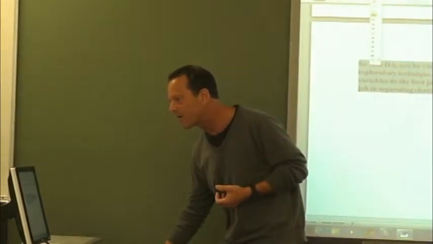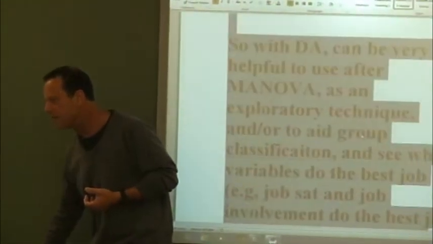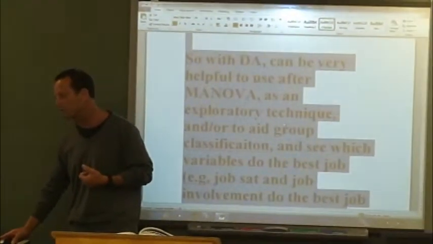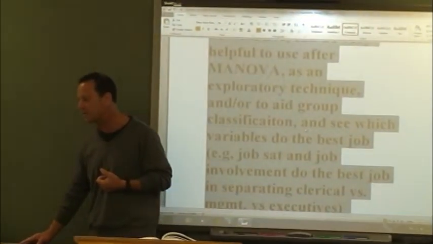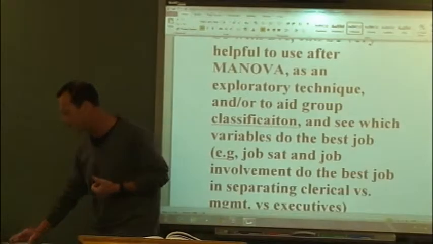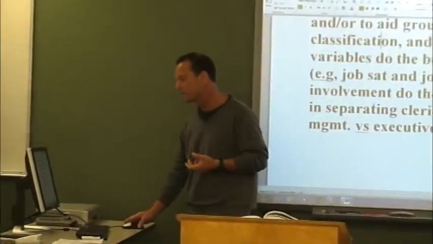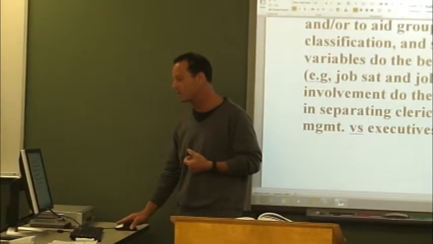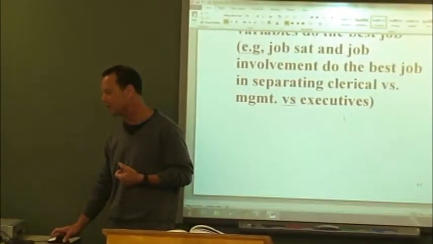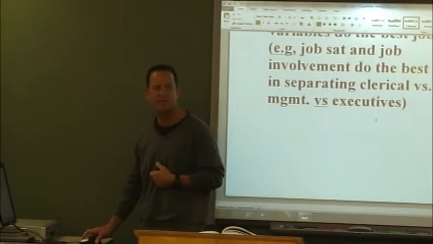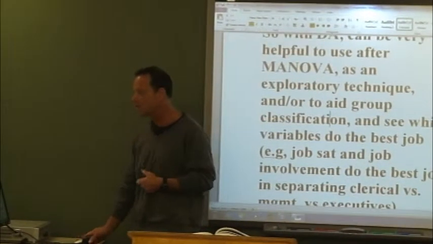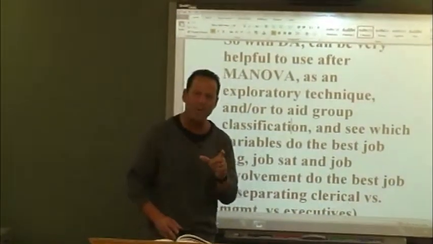So with discriminant analysis, this can be very helpful to use after MANOVA as kind of an exploratory technique and or to aid group classification. I mean, that's where I have found it to be very helpful. And see which variables do the best job. For instance, job status, job involvement do the best job in separating clerical versus management versus executives. So you kind of will get that already from your MANOVA.